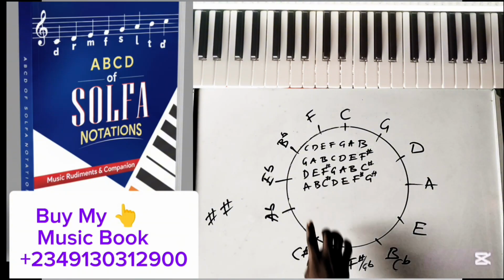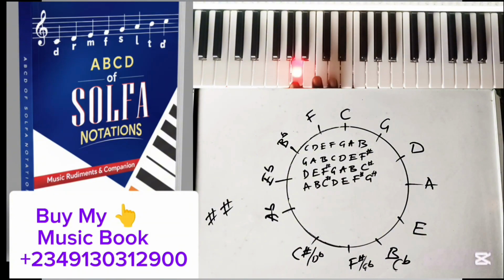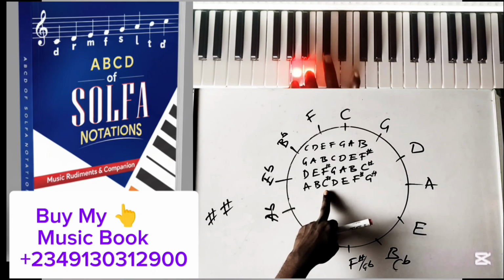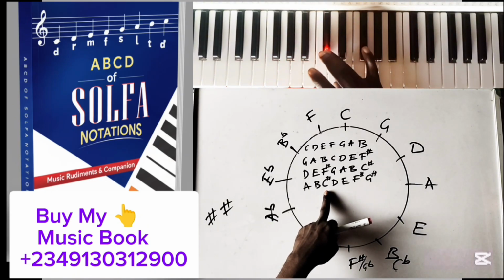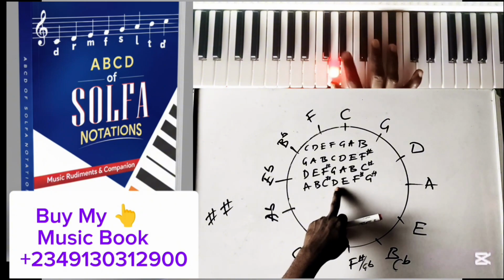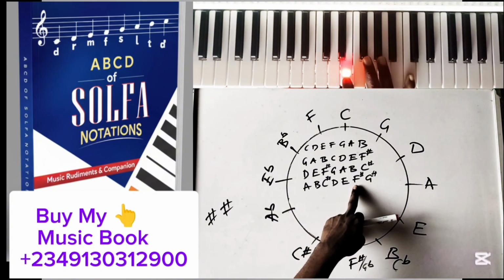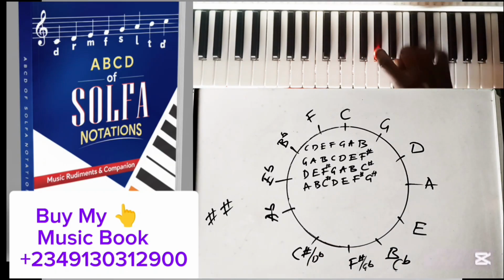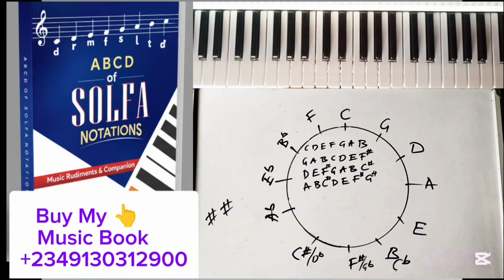So if you want to play key A now, you play A, C sharp, D, E, F sharp, and G sharp. Another name for A flat is G sharp. So you see how to get the scale of all these using the diatonic scale.